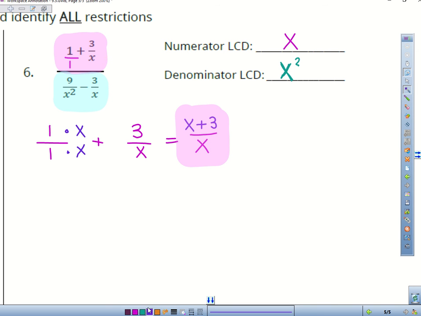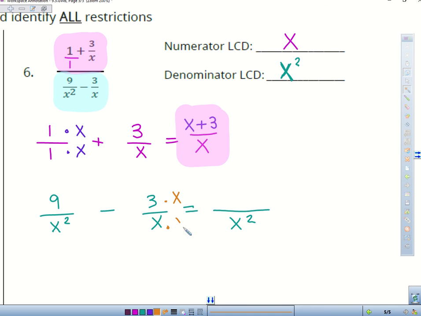Now we're going to work on the denominator. And once you get the hang of this, you don't have to do each one of these steps separately. So we know our denominator is going to be x squared. So the only fraction we have to affect is that second one by multiplying the top and bottom by x, which is going to give me 9 minus 3x.